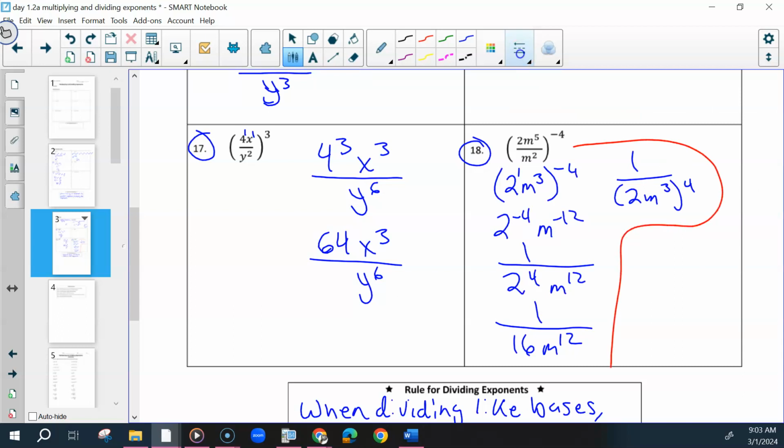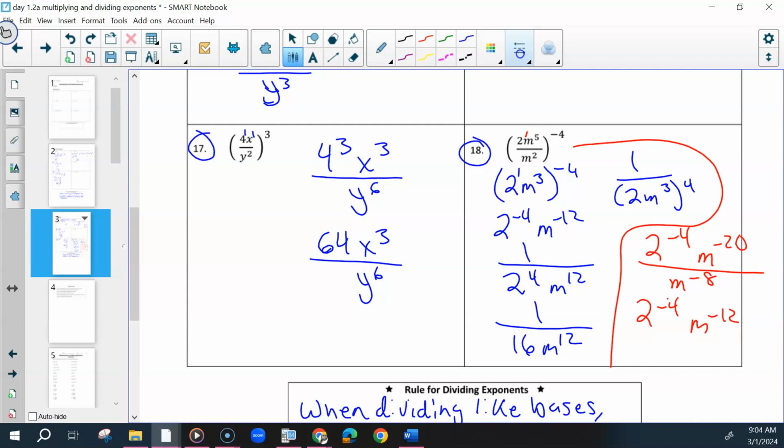So if we multiply the exponent to everything on the inside, we have 2 to the negative 4, m to the negative 20, over m to the negative 8. Then you would subtract those exponents. Negative 20 minus a negative 8 is negative 12. And then we're back at the same place.